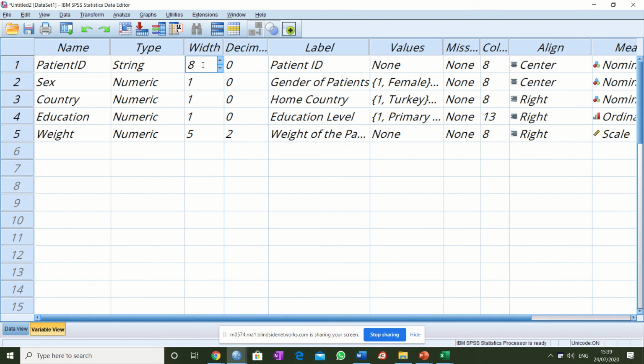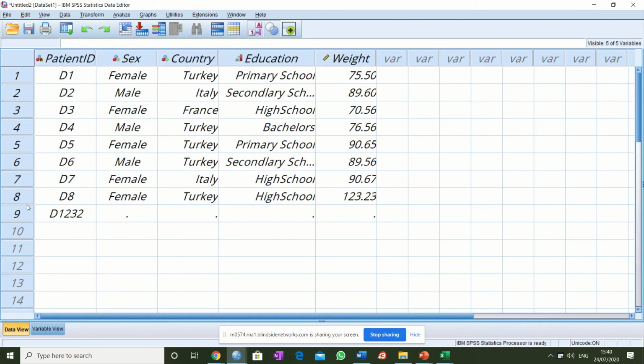This also looks smart. If I write 6, it's also okay. But if I write 12, it's nonsense. I have to write something close to it. So if it is 5, whatever it is, I have to define it like that. This is just the definition.